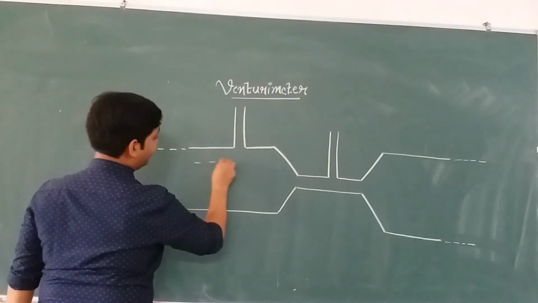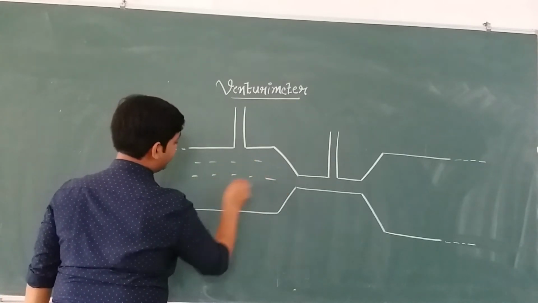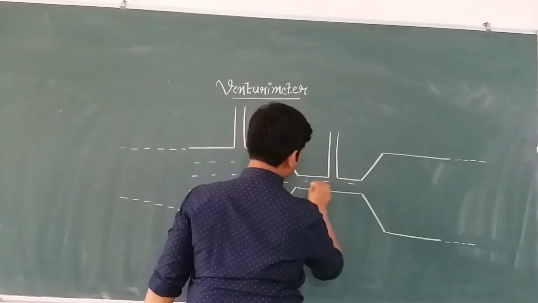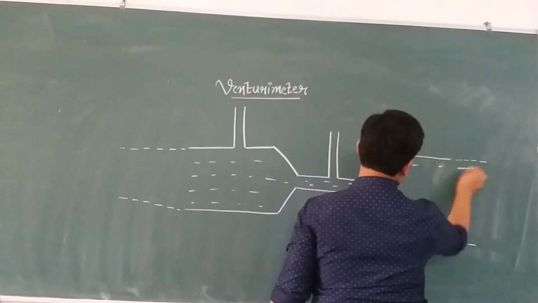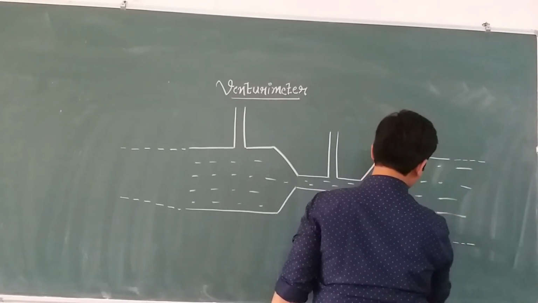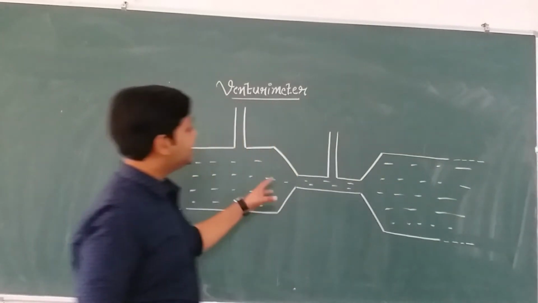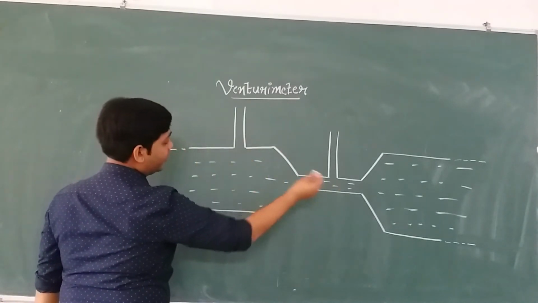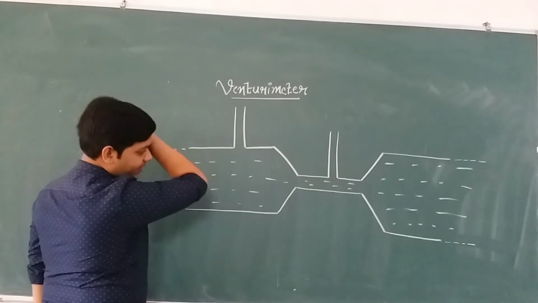So what will we have? Suppose the liquid is flowing through the tube in this manner. Now this is a horizontal tube. Since the fluid is flowing, there will be pressure inside the liquid.